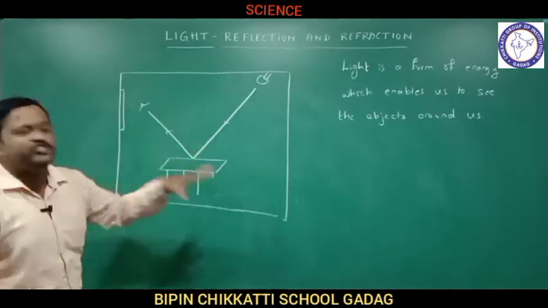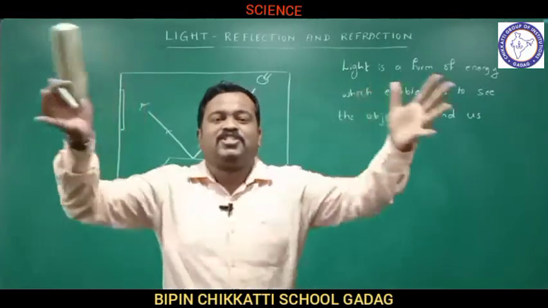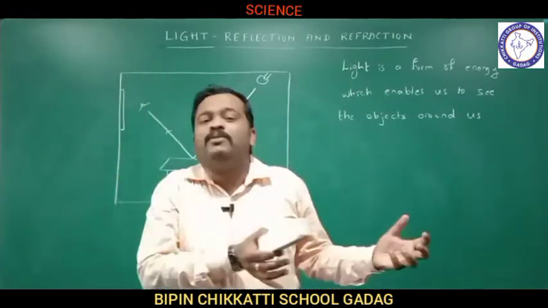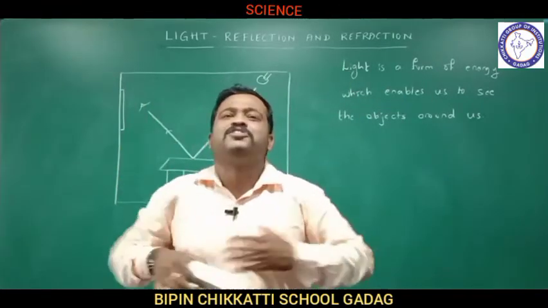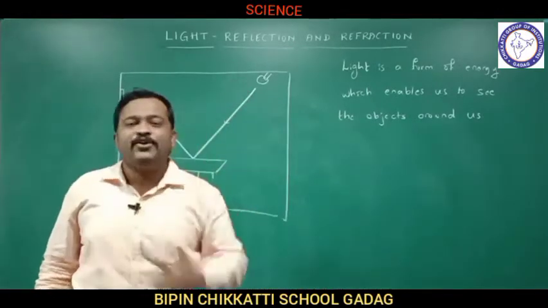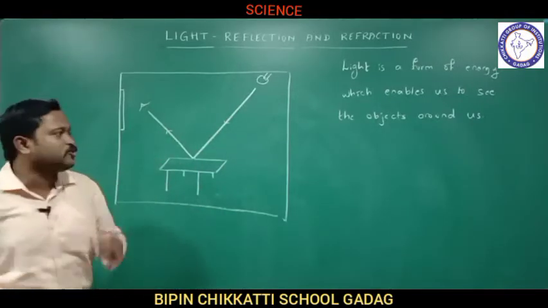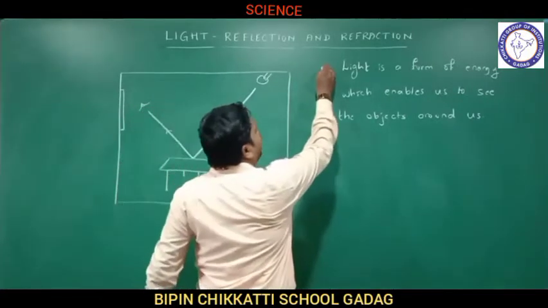So this is what actually happens in a room. When you switch on the bulb, the energy which comes out from the bulb reaches the object, and that object reflects the light and it reaches your eyes, and thus you can see the object. So light is a form of energy which enables us to see the objects around us.